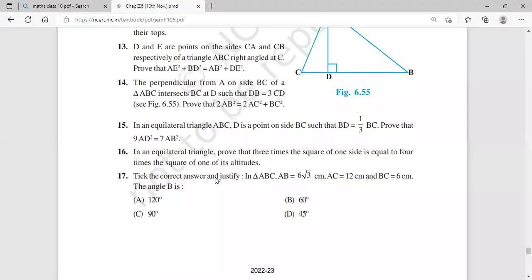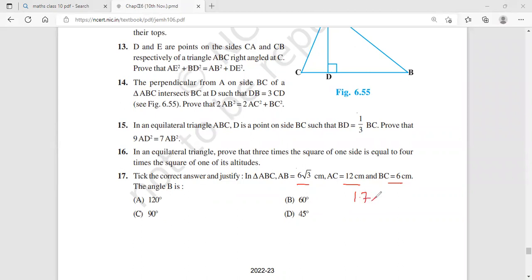In the next question, we have to find whether 6 root 3, 12 centimeter and 6 centimeter form a right angle triangle, or we have to find the angle B. So which is the bigger one here? The bigger one is actually 12 centimeter, because root 3 is 1.7, isn't it?